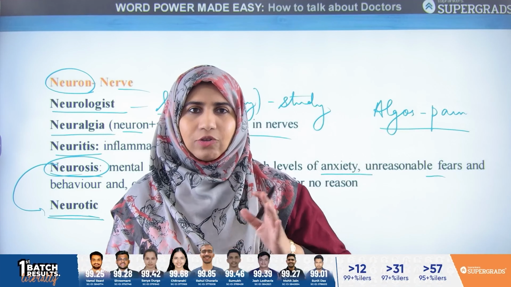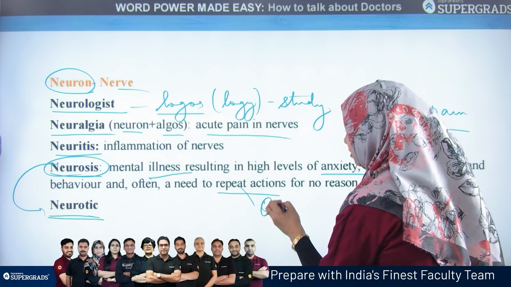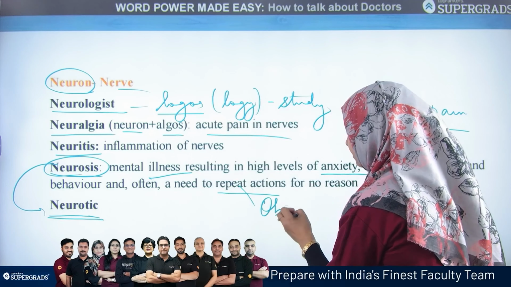So जिसको हम कहते हैं ना कि थोड़ा obsession type का हो जाता है, when you are repeating something, that is basically that you are obsessed with that thing.